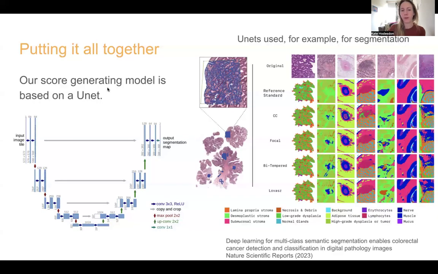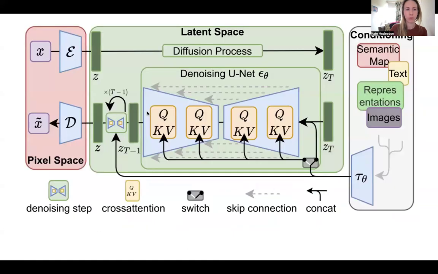Okay, so given that, we can now look at the end-to-end architecture of a latent diffusion model. Okay, so I included this diagram because it's the frequently reproduced diagram from the original latent diffusion paper.